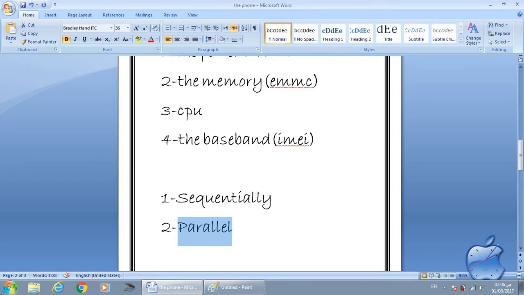It is positive and negative. So in the sequential, if one spot of it is cut or is not working, the whole circuit will also not work, because it is on one path.